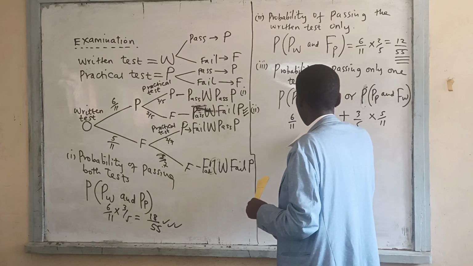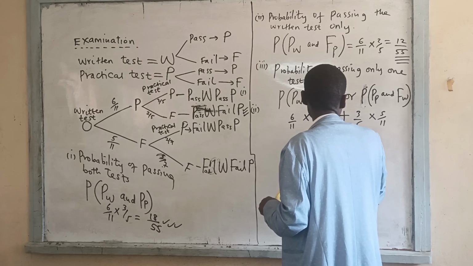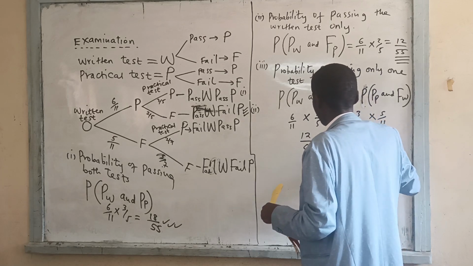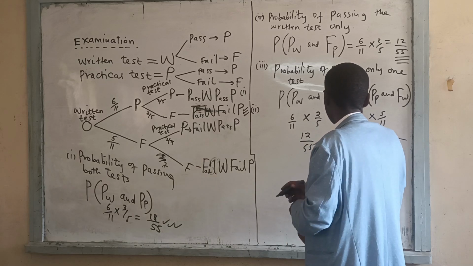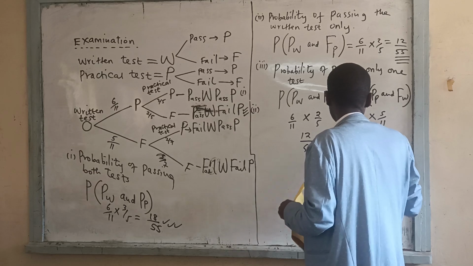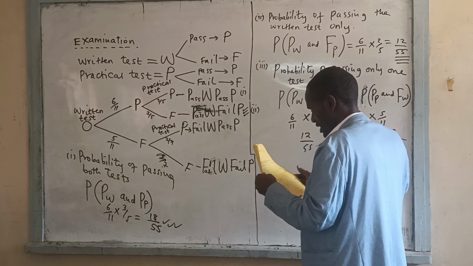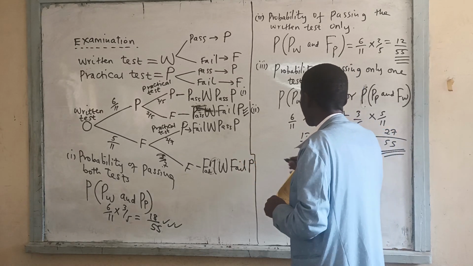So this is going to be 12 out of 55 plus 15 out of 55. Because the denominators are the same, we just add the numerators. 12 plus 15 gives us 27. So our answer becomes 27 out of 55.